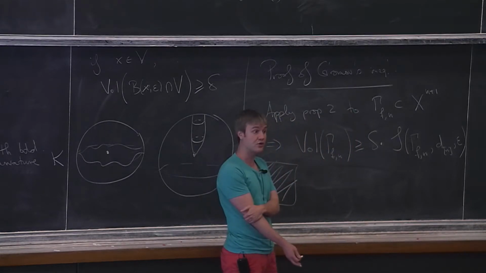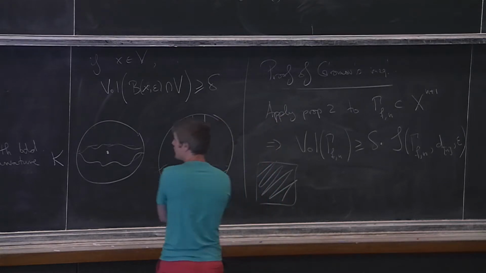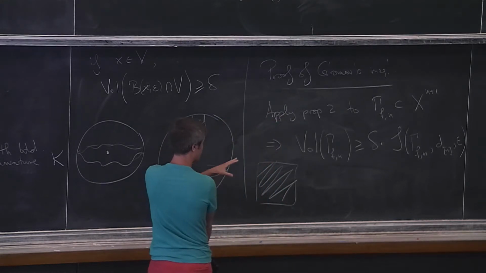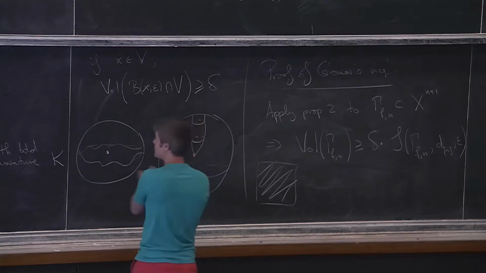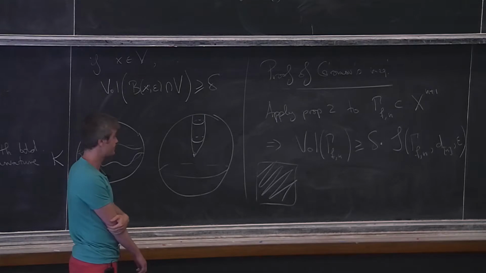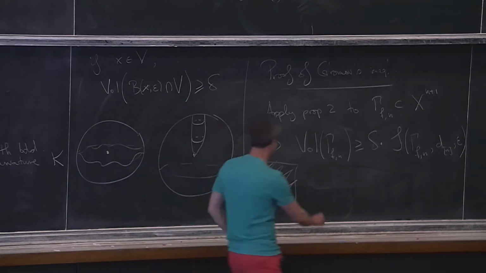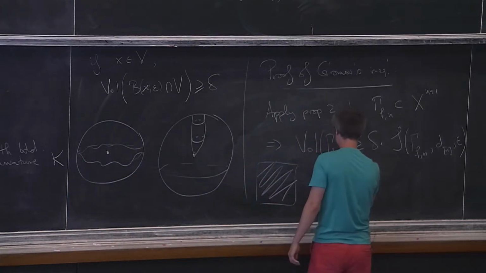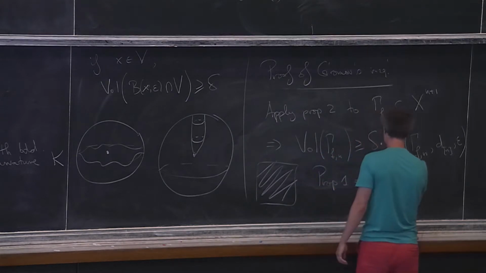Because the balls are all disjoint. So now, if you just take logs and divide by n, and send epsilon to 0 and n to infinity, you get the conclusion. Okay? So then we're done.